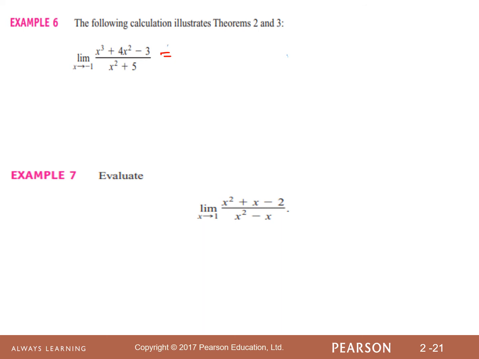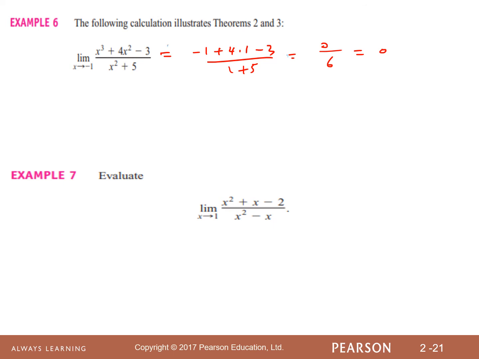So -1 will give me -1 plus 4 times 1 minus 3 divided by what? 1 plus 5, which is 6, right? And that's going to give me what? 0 over 6. Excellent. And that's going to give us 0.